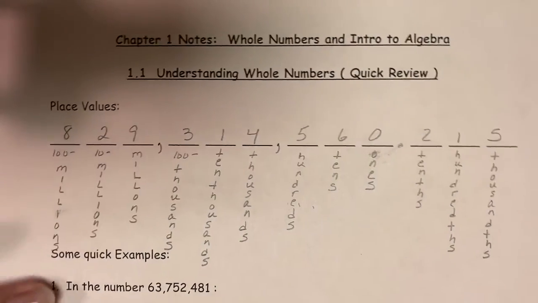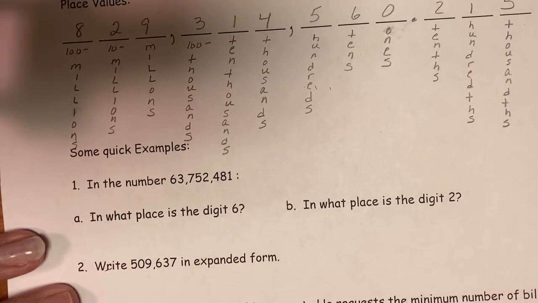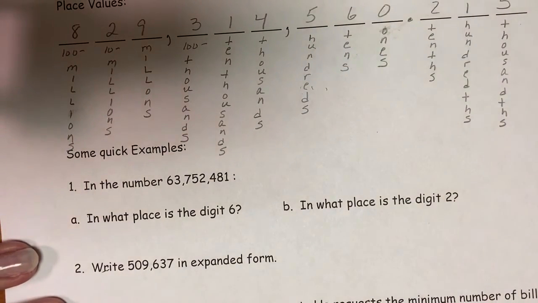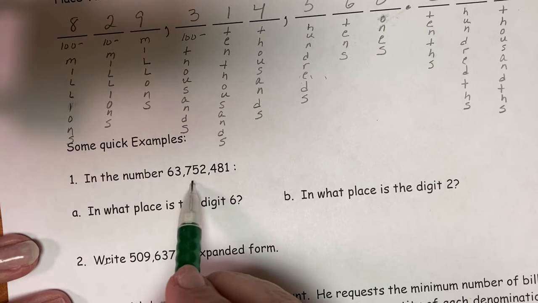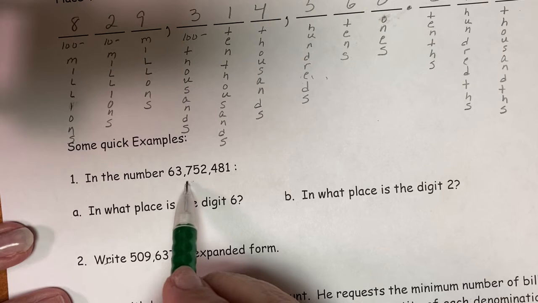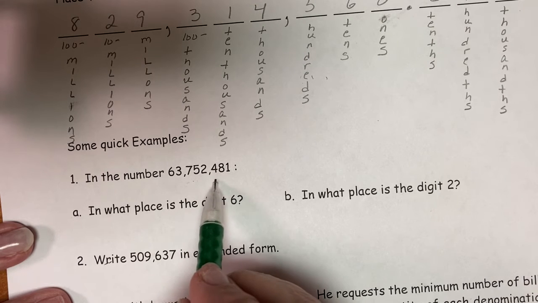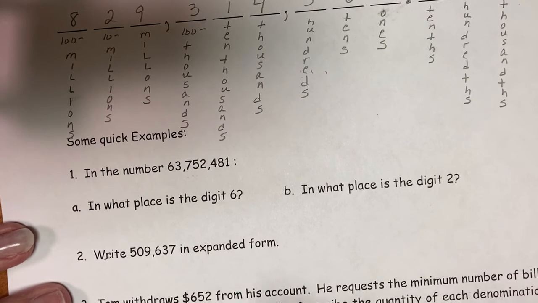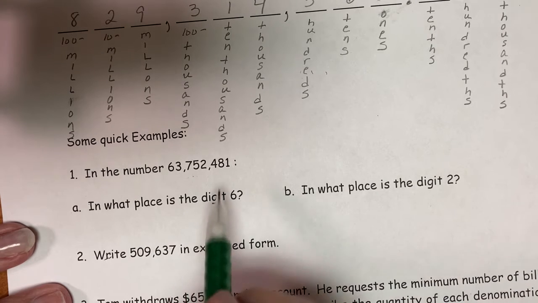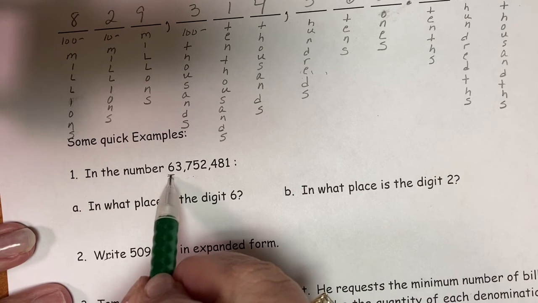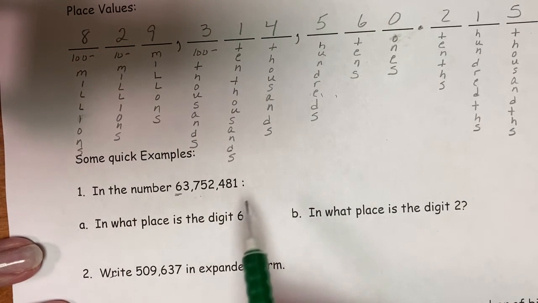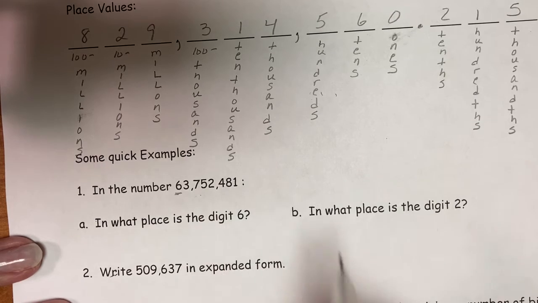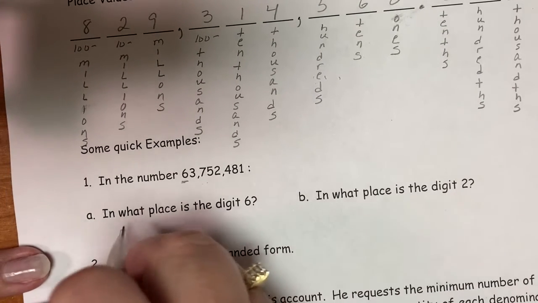Okay, so now how are we going to use that in our examples and in our homework? Well, first of all, if we look at our example, in the number 63,752,481, first of all, in what place is the digit 6? Well, if we look at this 6 and compare it to our chart up here, we can see that the 6 is in the 10 millions place.